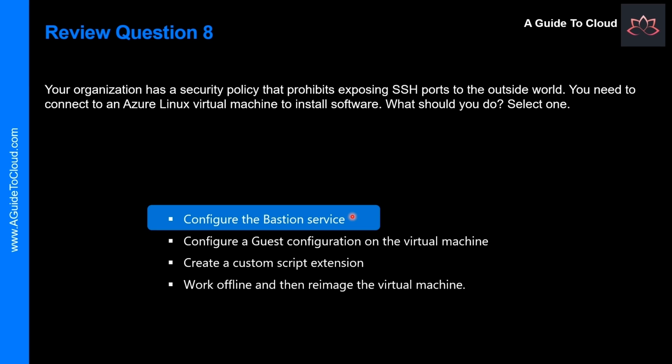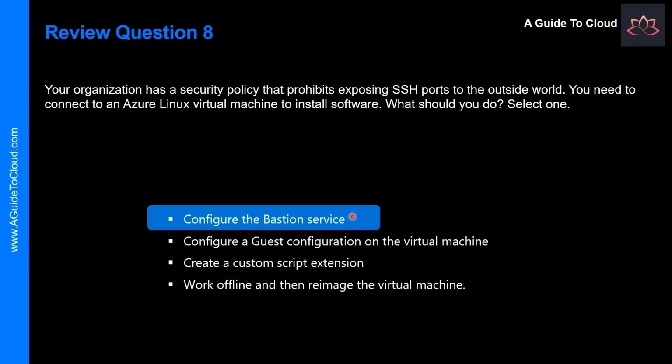Azure Bastion service is a new, fully platform-managed PaaS service that you provision inside your virtual network. It provides secure and seamless RDP and SSH connectivity to your virtual machines directly in your Azure portal over SSL. When you connect via Azure Bastion, your virtual machines do not need a public IP address.